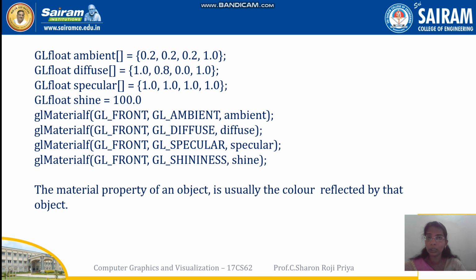So two things we have to remember: when I program lighting effects in OpenGL, I have to specify the light source and the material property. To specify the light source, the function is glLightfv. To specify the material property, I have to use glMaterialfv. The material property of an object is usually the color of the reflected light. Thank you.